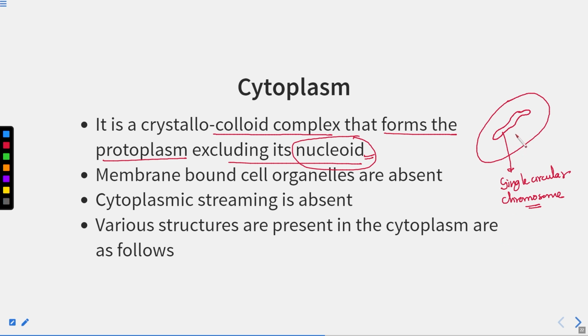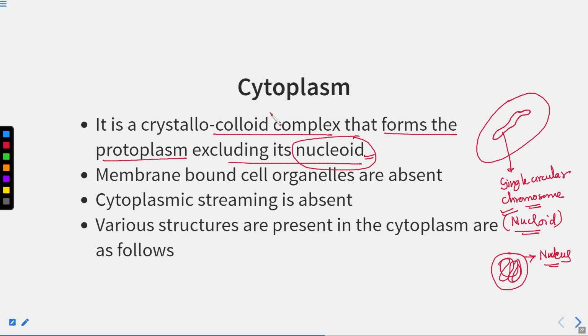So that is called nucleoid, and it is not covered or bound by a membrane-like structure as we can see in the case of the eukaryotic cell. That is called the nucleus, the true nucleus. But this nucleoid is not a true nucleus because it is not covering this single circular chromosome from the outside. So it is present in the cytoplasm itself, right?